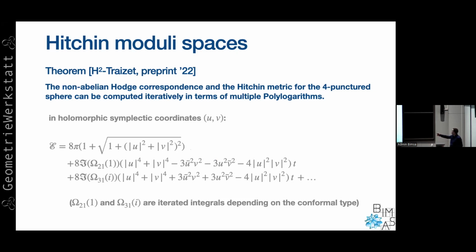Okay, so we start expanding, and in first order we start seeing the conformal type of the four-punctured sphere already, and this becomes more and more complicated. So I won't write up the higher order terms. Something is not working anymore.